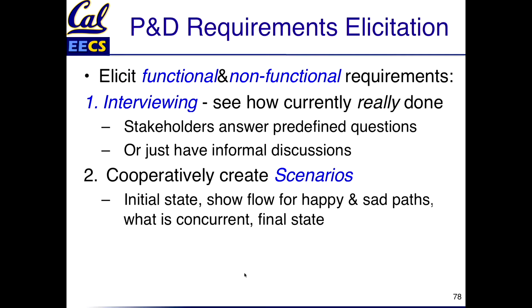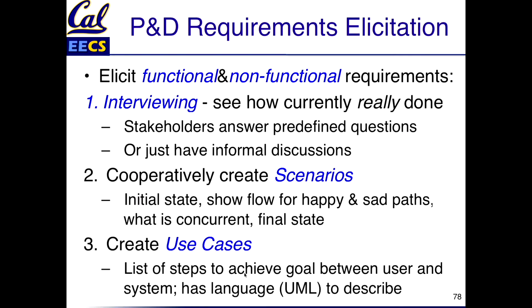You show the flow for happy and sad paths, what can be done concurrently, and the final state. The third approach is what's called use cases. There's a language called the Unified Modeling Language that helps you describe these use cases, where you have little stick figures showing all the steps from the user and the system to achieve the goal. So these are ways for product user requirements elicitation.